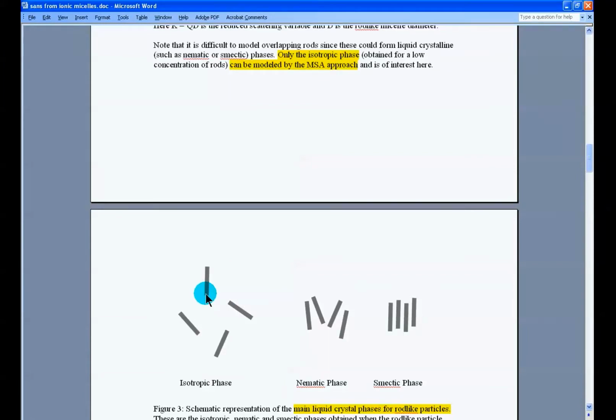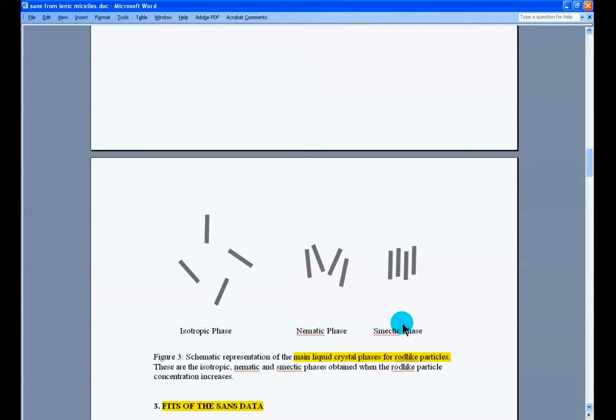Note that if we were to increase the rod volume fraction, the micelle volume fraction, we would get into a nematic phase where there is orientational disorder but starting to be a translational order, or the smectic phase where there is a highly ordered structure, just like liquid crystals, orientationally as well as translationally.